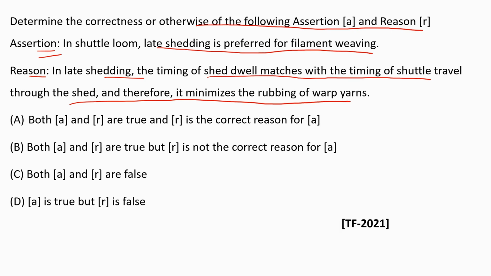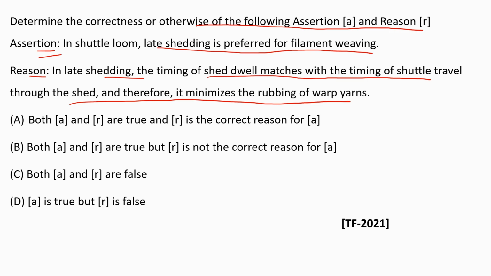So it is useful for filament weaving, but it is not useful for other types of weaving, because the reason that is given in this case is that the timing of the shed dwell matches with the timing of the shuttle travel through the shed, so it minimizes the rubbing of the warp yarns, and so that can be used for filament weaving, and the fabric may not break.